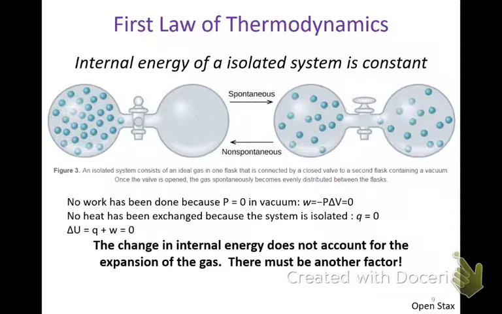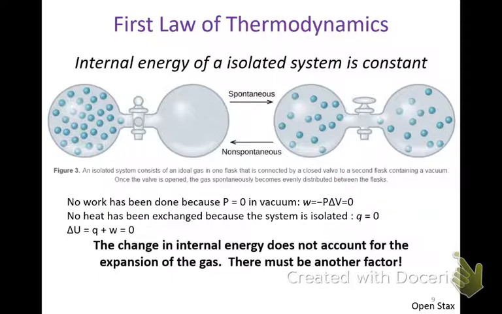Now, if we think about that in terms of the internal energy, we see that this system is not doing any work because the pressure on the one side where it's vacuum is 0. And so if work is negative P delta V equals 0, then we don't have any work. And it's okay if you don't really understand that.